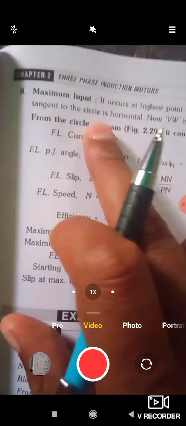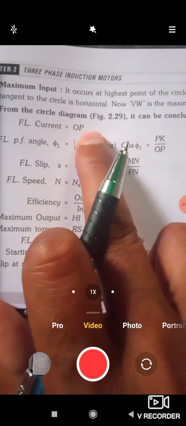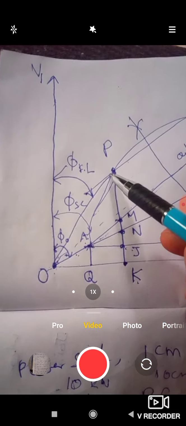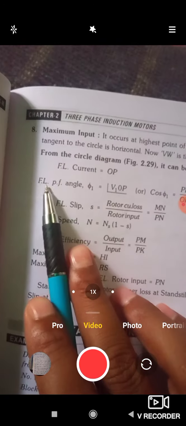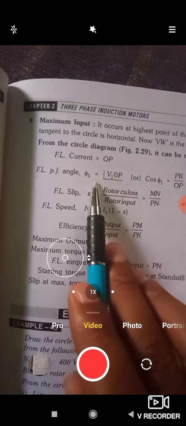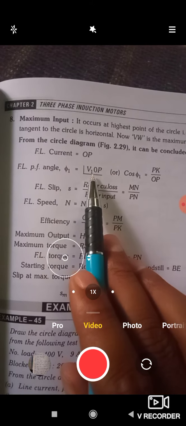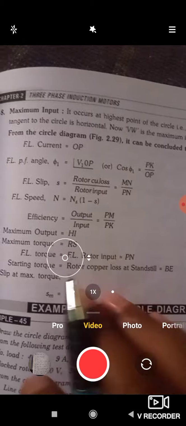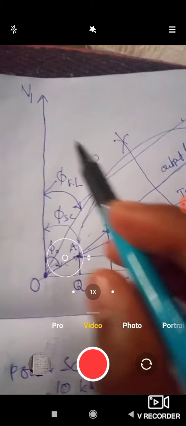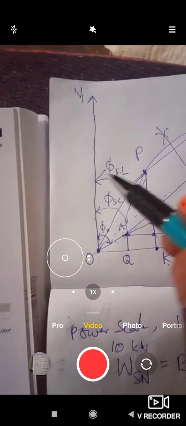See here how to find the different factors. Full load current is OP. Next, the full load power factor angle phi 1, that means angle V1 OP, or cos phi 1 is equal to PK by OP.